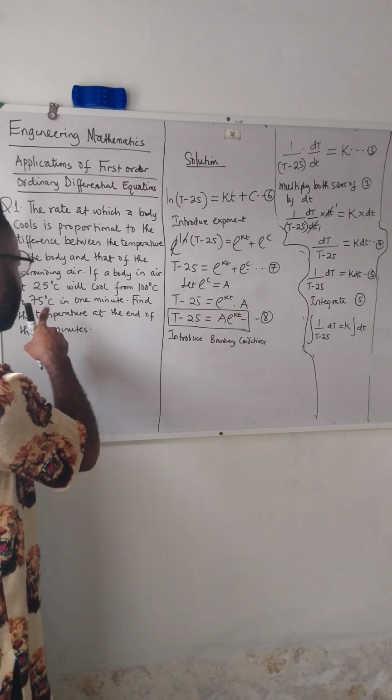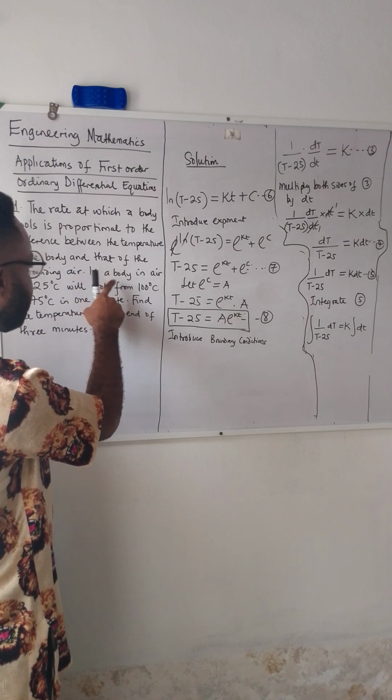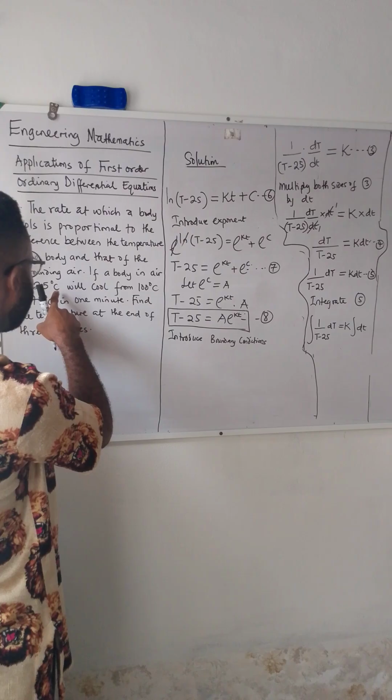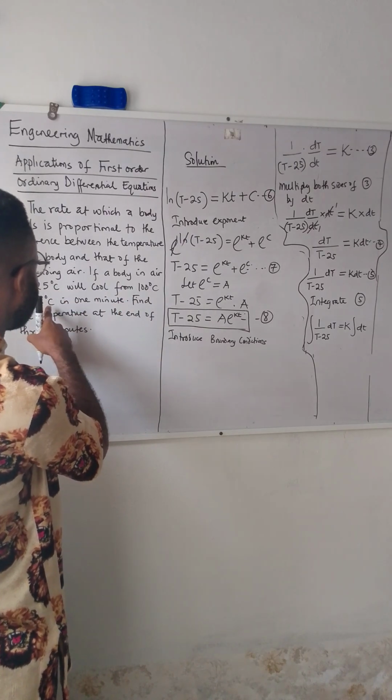So coming back to the question, we have that a body in air at 25 degrees will go from 100 to 75.